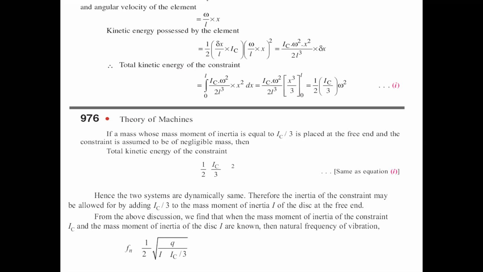When we consider the mass of the shaft, we additionally add the value of IC by 3 in our formula. So the natural frequency of free torsional vibration, Fn, equals 1 by 2 pi into square root of q by (I plus IC by 3).